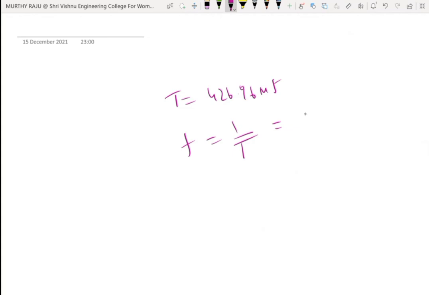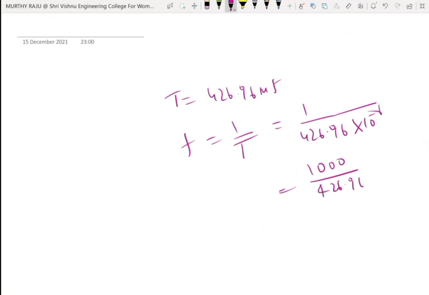That is 1 by 426.96 into 10 power minus 6. Therefore, 10 power minus 6 means 1000 divided by 426.96 gives some kilohertz. 1000 divided by 426 is equal to 2.34 kilohertz.